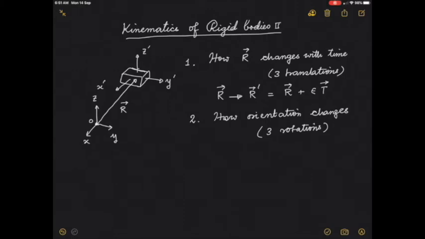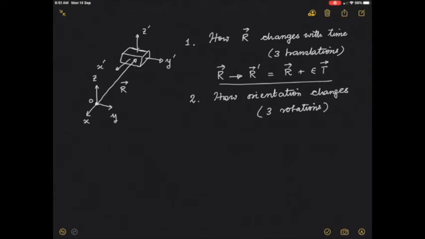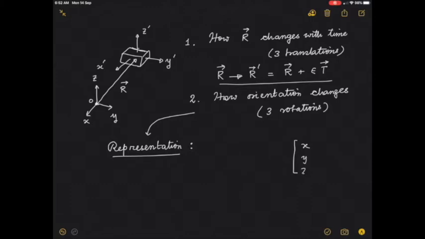And we ask the question how this can be represented mathematically, just like we have represented the translation there. The representation can be the following way. We describe the original set of axes like this, and this you can say is the body set of axes.